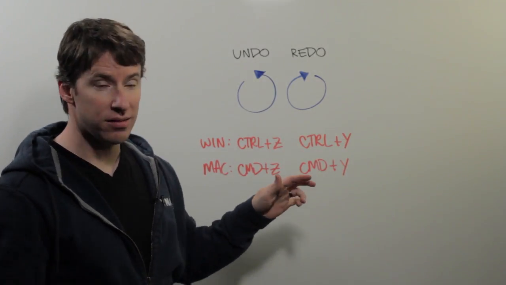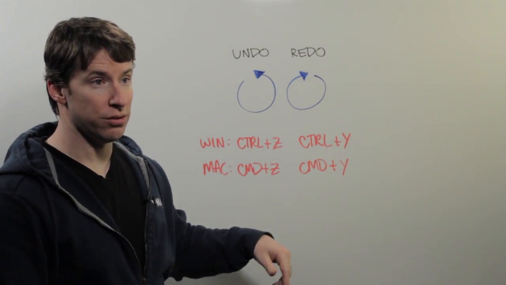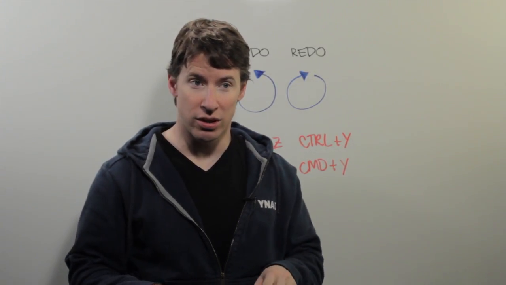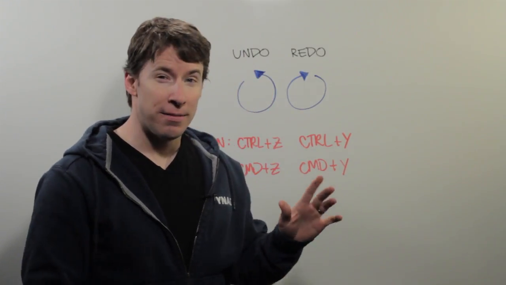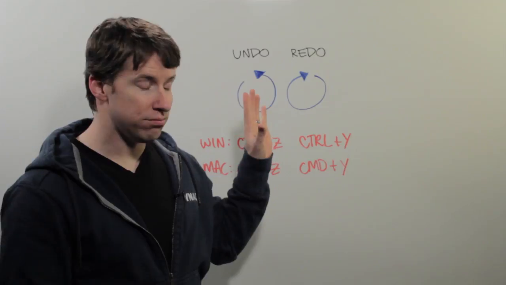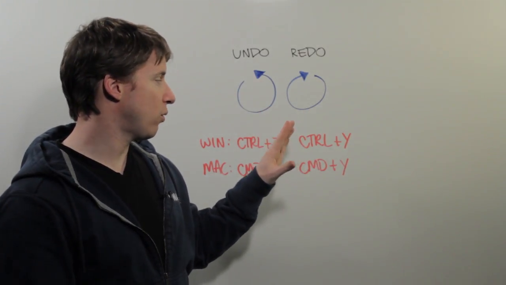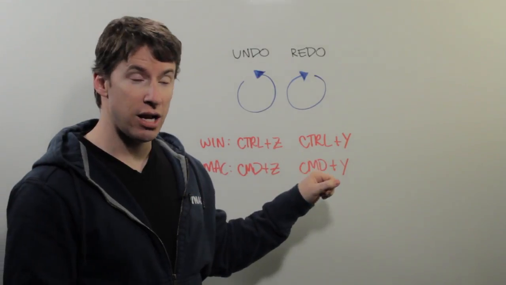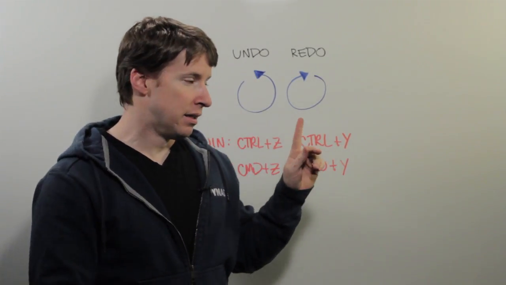On the Mac, it's Command-Z to undo, Command-Y to redo. So your hands don't have to leave the keyboard, and you can undo and redo to your heart's content. Now, this was a very, very oft requested feature for those coming from YNAB 3 or YNAB 4. Now moving to the new YNAB, you will love it. It's saved my bacon a few times.